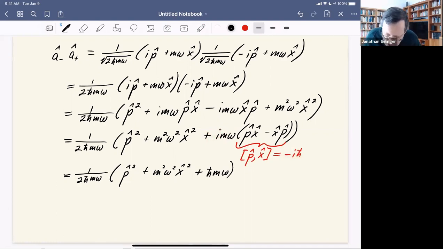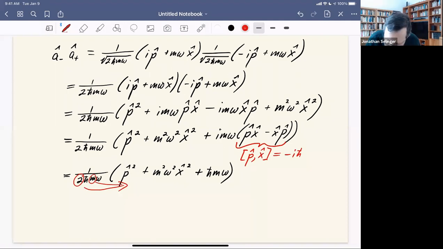Next, the simplification that I want to do is I want to take the 2h bar in the denominator here and put it inside, no, not the 2h bar, excuse me, the 2m. I'm going to take 2m and put it inside the parentheses. So the 2 and the m are going to go inside the parentheses on each term.